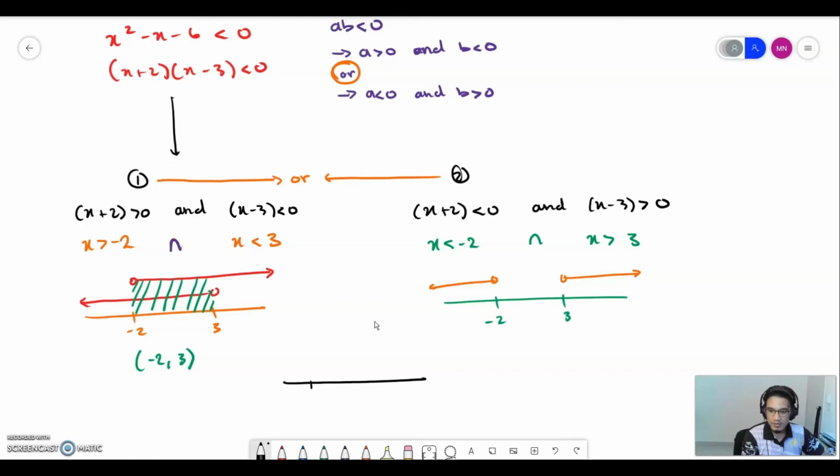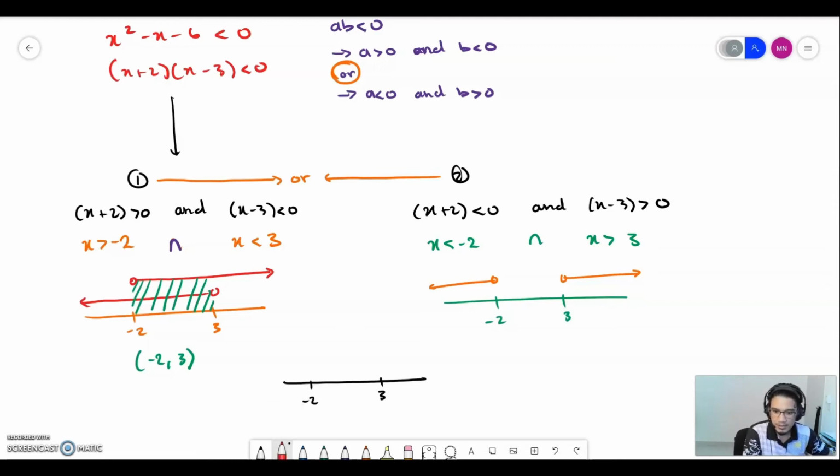So that means we have to draw a third line that gathers all of the answers given from our first part and the second part. First we label all of the points: negative 2 and 3. Since it is OR, we take all of the answers from part 1 and part 2.